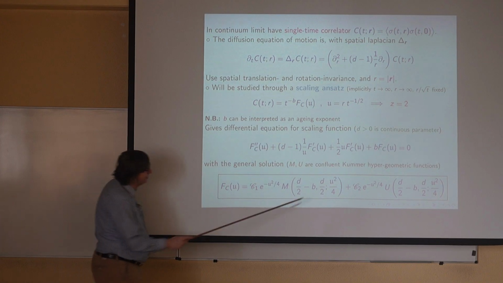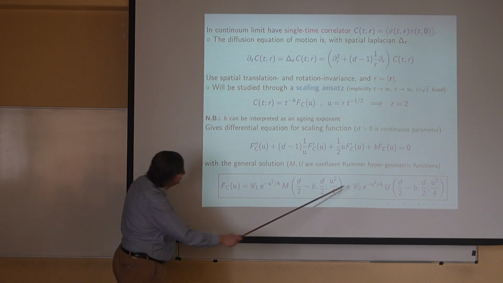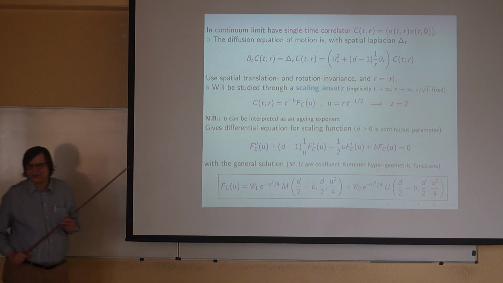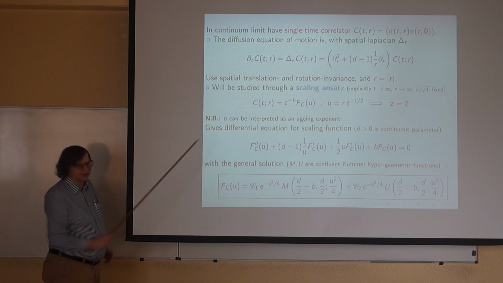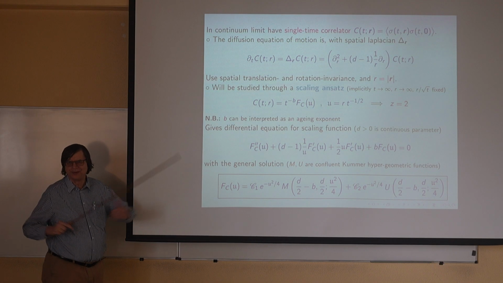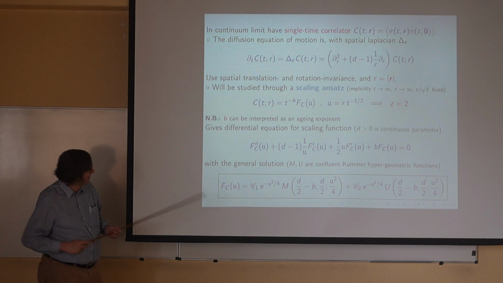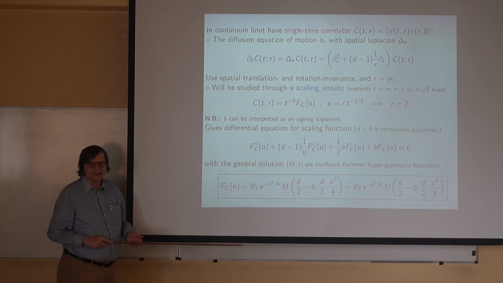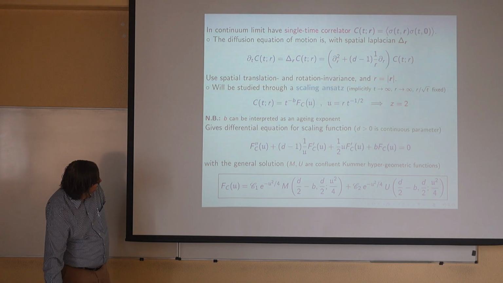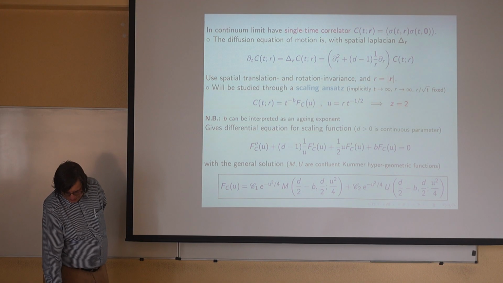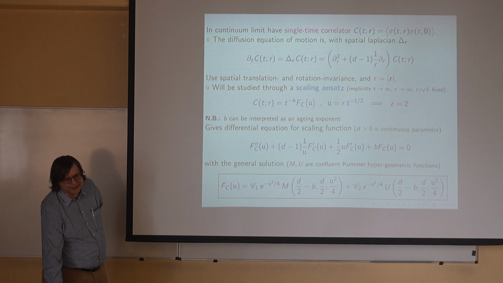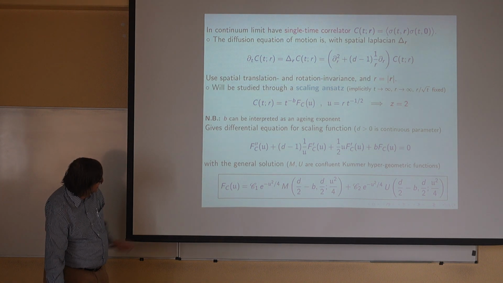You get some exponential prefactors, and you have two constants, which then have to be fixed, of course. It's a second order differential equation, so there will be a two-parameter space of solutions. So the important observation is here, and for the whole solution of the voter model, everything else will just be fitting the constants. That equation is very relevant.